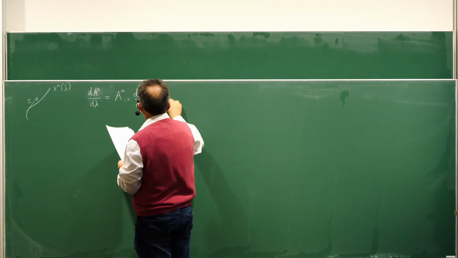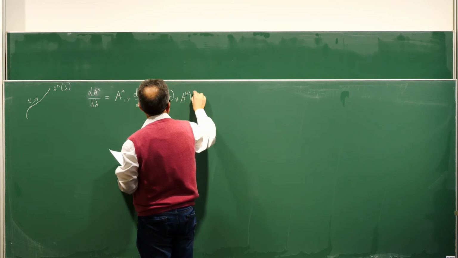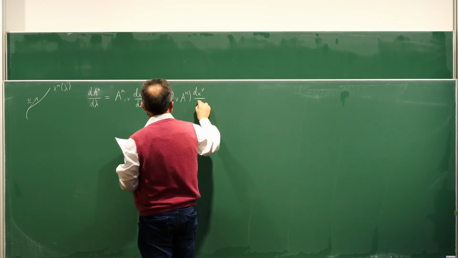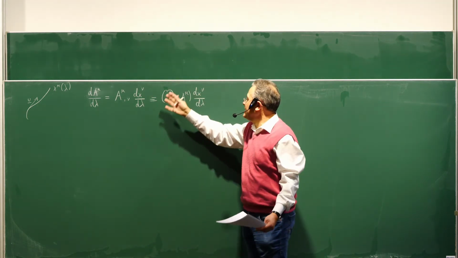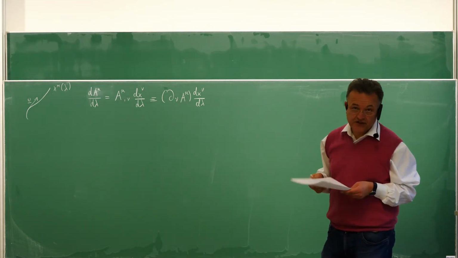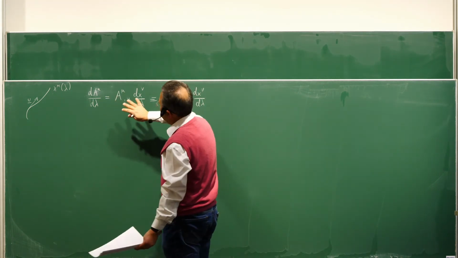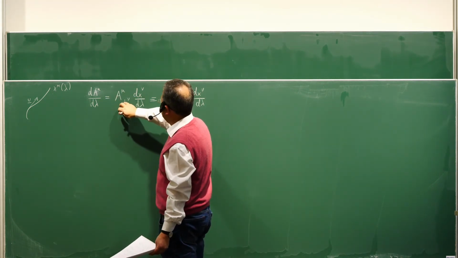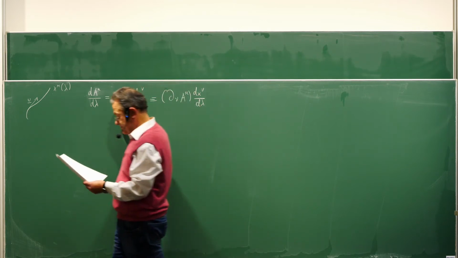Also, you call this with another notation, d mu A mu dx nu over d lambda. Now, of course, this still has this partial derivative, which does not transform as a tensor. So it's obvious that we define a proper directional derivative by replacing this partial by a covariant derivative.